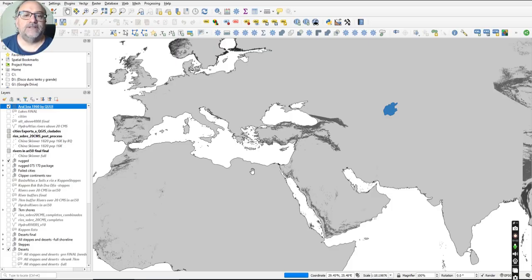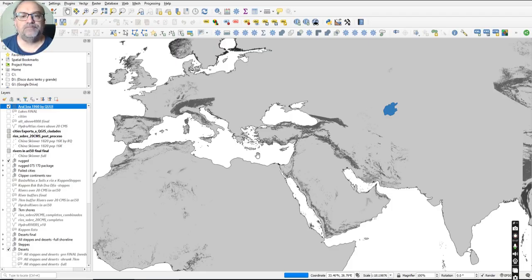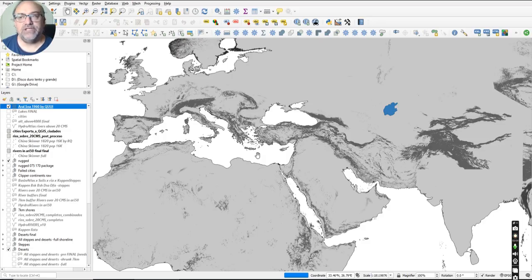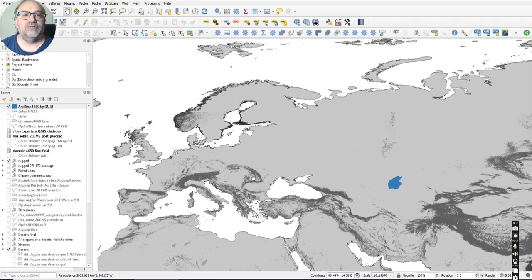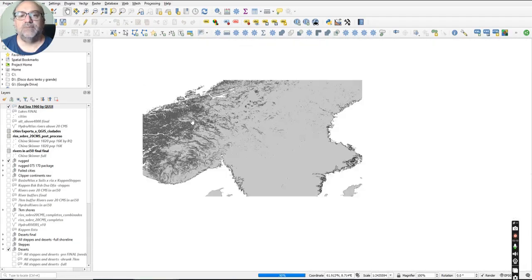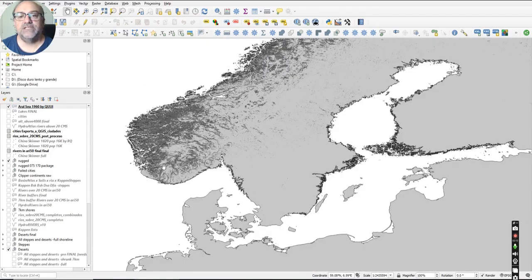So this is NASA data that I have processed with an algorithm from QGIS that lets you see how rugged the terrain is, and of course you can see, for example, places like this that are very unattractive to settle in.